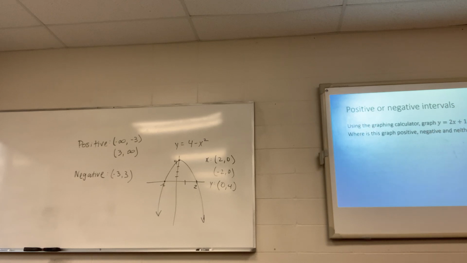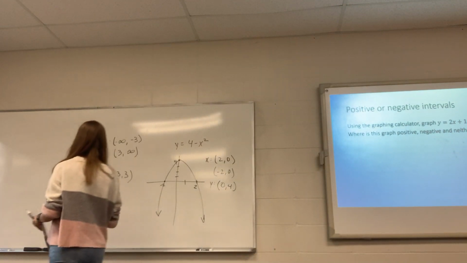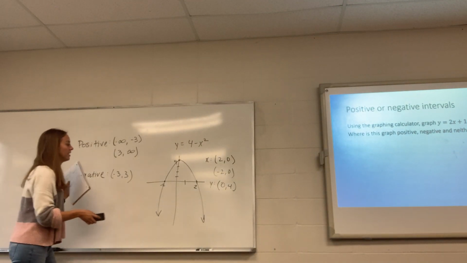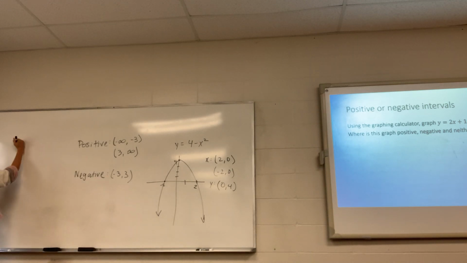Okay, so let's do another one with positive and negative. But let's just type it in our graphing calculator, and then we can look at it and determine where it's going to be positive and negative. So I have the equation y equals 2x plus 10.